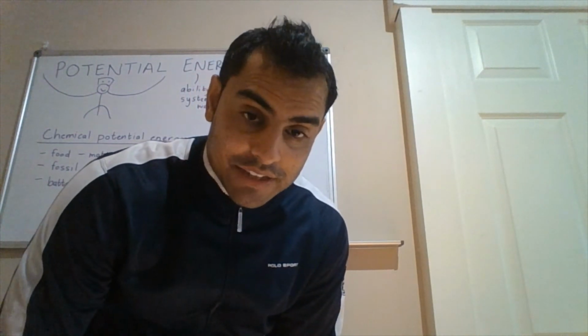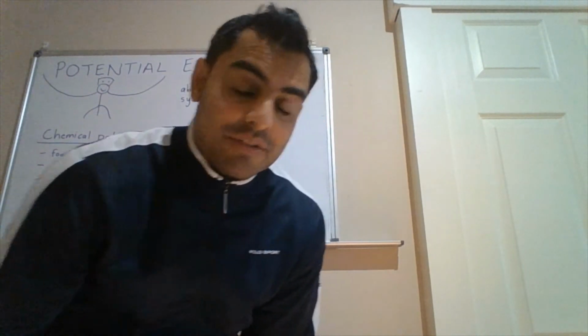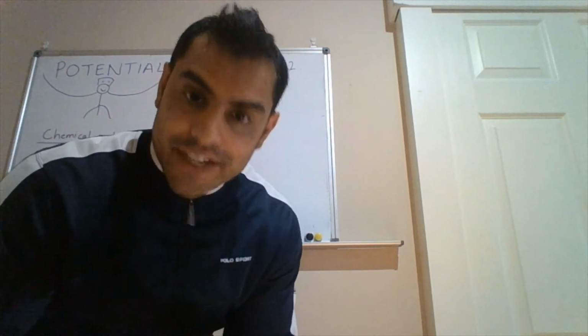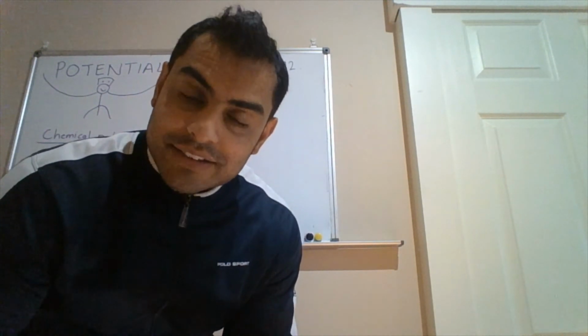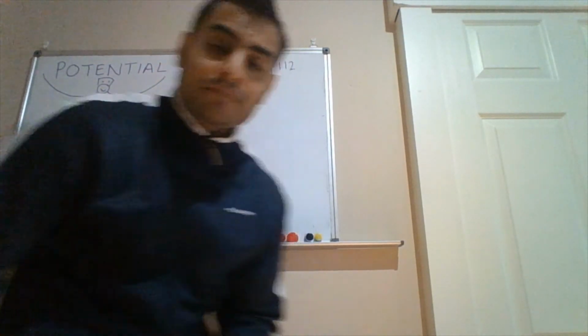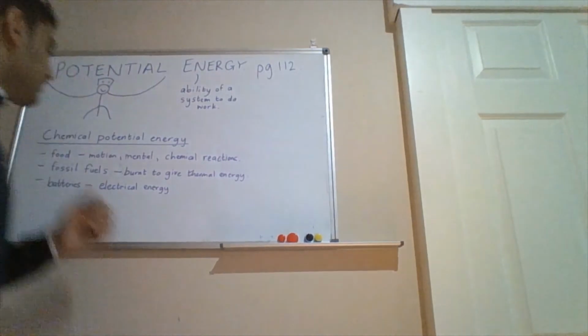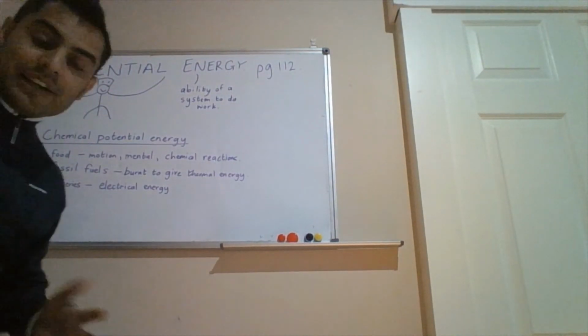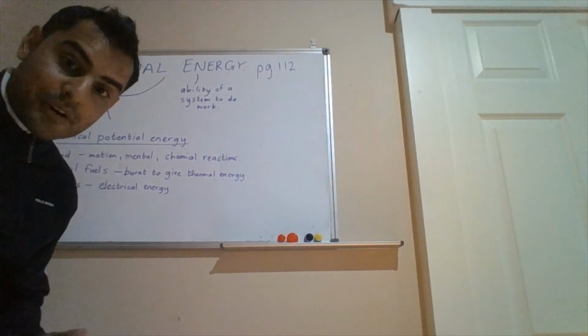So next up, we're going to talk about chemical potential energy. And once again, remember that with potential energy, it's stored energy, and it remains in that storage until it is utilized. The first example we're going to look at is food. When we eat food, it can be converted into a number of things.